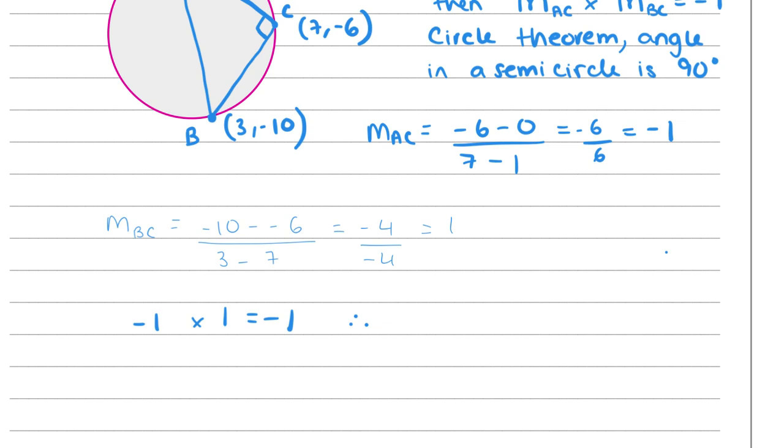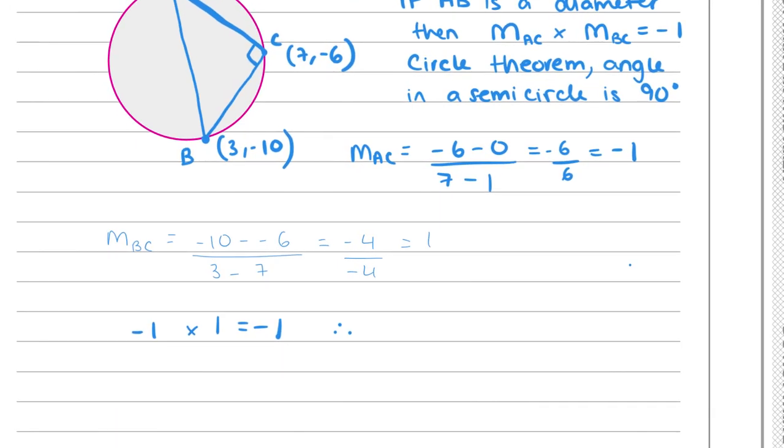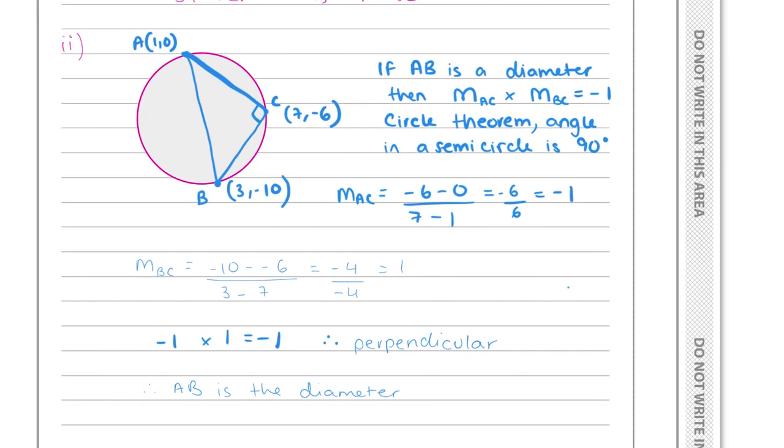Therefore, perpendicular, because this is what it shows, right? Therefore, AB is the diameter. Therefore, proved. Now, we don't have to write more than this because we already stated what we were doing here.